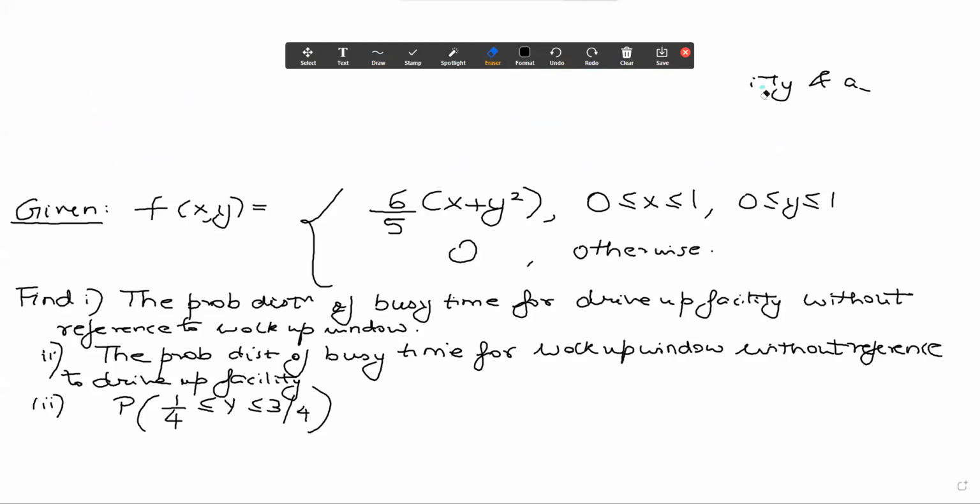Now, what is the first part asking you? Find the probability distribution of the busy time with respect to the driver facility's random variable X without reference to the walk-up window.